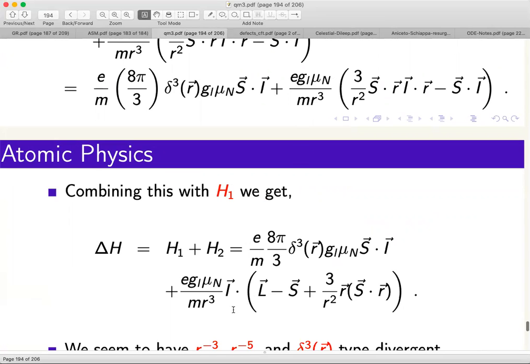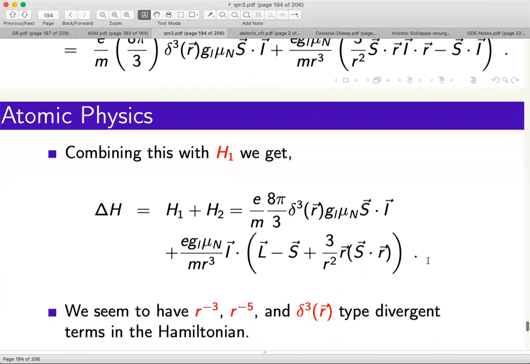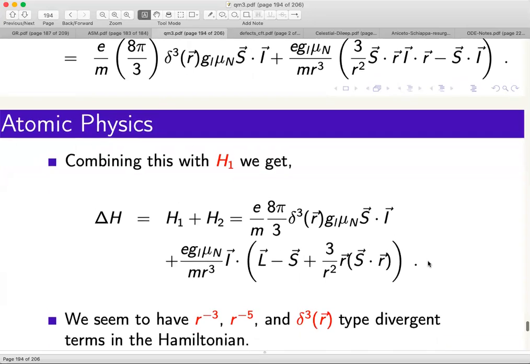So you can write that as I dotted with L minus S, because of this minus sign, plus 3 upon R squared times R dotted with I, times S dot R. So that is the expression. This is the total perturbation Hamiltonian.